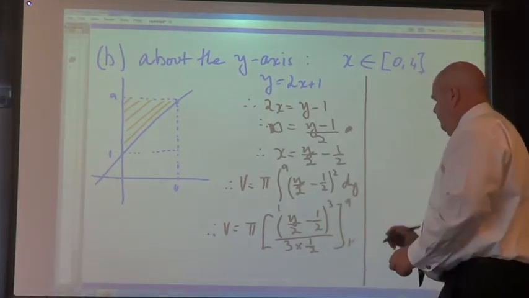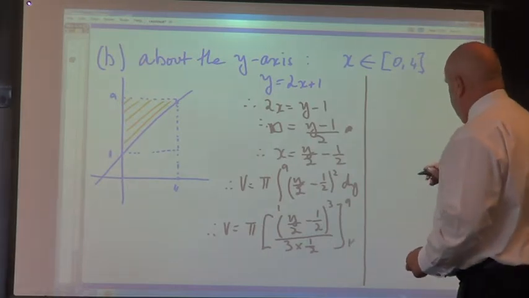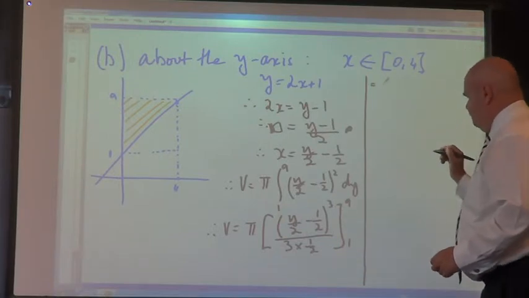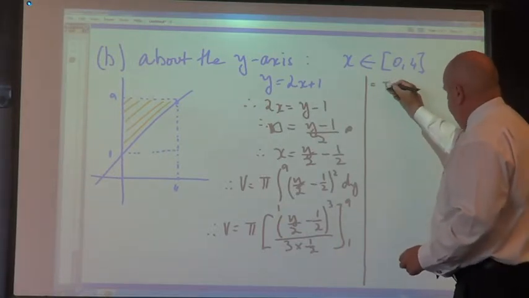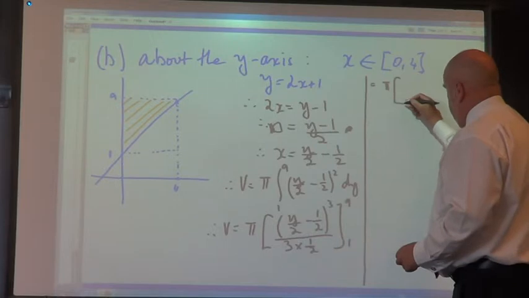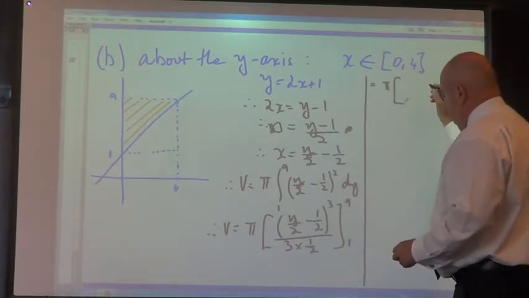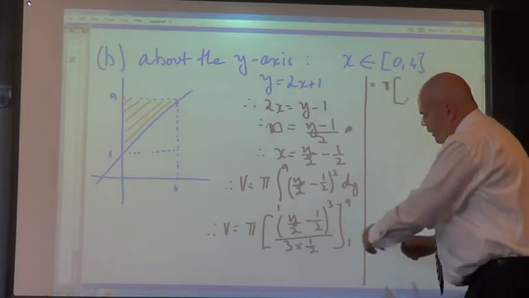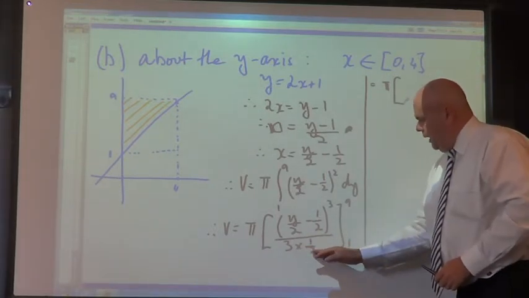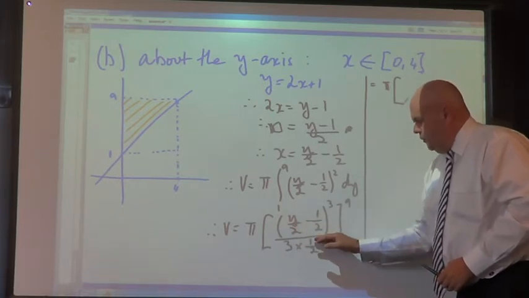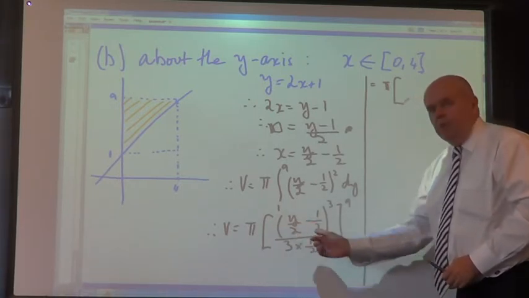9 and 1. Okay, let's tidy that up a touch. So we're going to say that's equal to pi, and we still need our square brackets there. Let's just think ahead a bit. 3 times a half is 3 on 2. Now when we divide something by a fraction, we tip over that fraction and multiply.